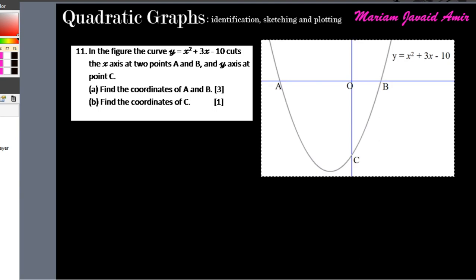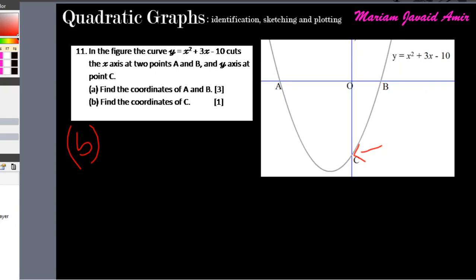Question number 11, thankfully the last question of the worksheet. In the figure, this curve cuts the x-axis at 2 points and the y-axis at point C. Find the coordinates of A and B. Find the coordinates of C. Notice that for C, let's find C first because it's easier. So I'm doing part B first.